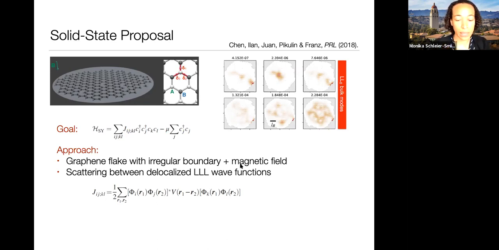The precise coupling depends on the structure of these wave functions, which is set by this irregular boundary. But the nature of the scattering does look like something where C dagger and C represent hopping between these different orbitals.